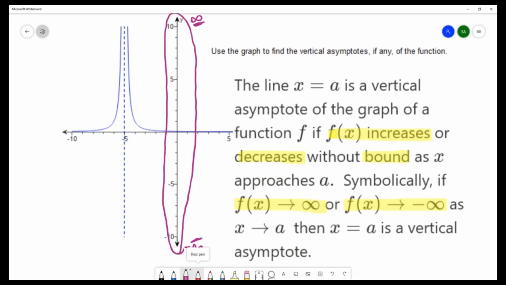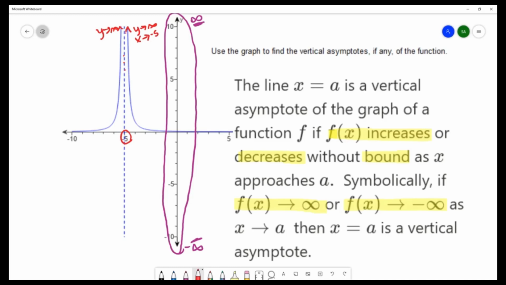So on our picture, right here, those two pieces of the line, we have the y approaching infinity here and the y approaching infinity on this side as well. And both of them have x approaching where this dashed line is marked. They have x approaching -5 on this side.